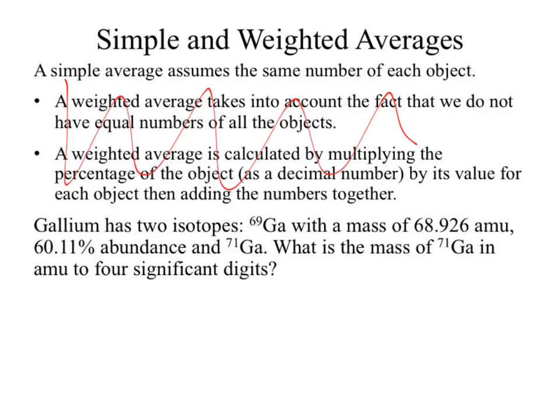We just talked about all that text. Here's your question. Gallium has 2 isotopes. Gallium-69 with a mass of 68.926 AMUs and a 60.11% abundance. And then we also have gallium-71. What is the mass of gallium-71 in AMUs to 4 significant digits?